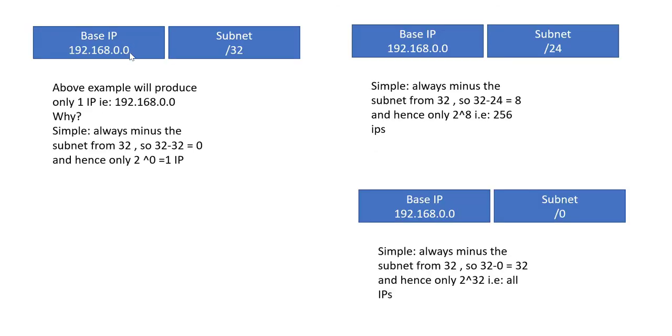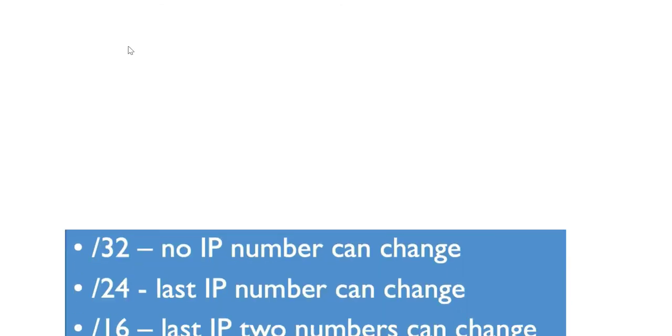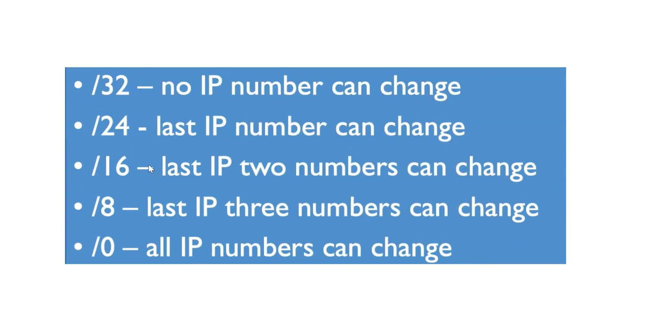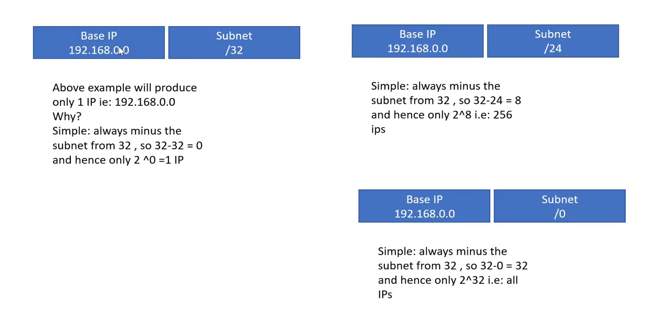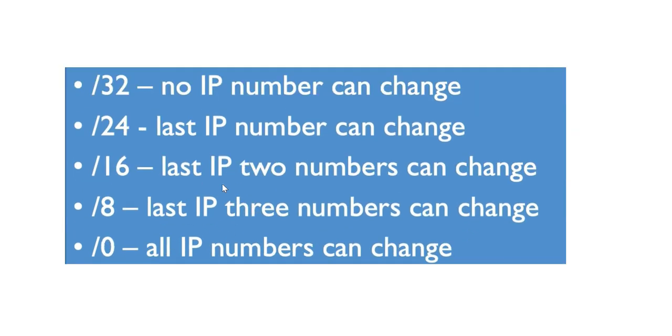If it is /16, the last two numbers can change, that is, 0 and 0 can become 255 and 255. If /8, then three numbers can change.